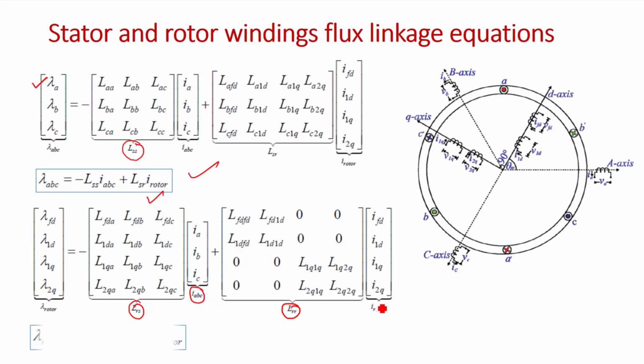So in the matrix form, lambda rotor is equal to minus LRS IABC plus LRR I rotor. This will be your flux linkage equation in the rotor.